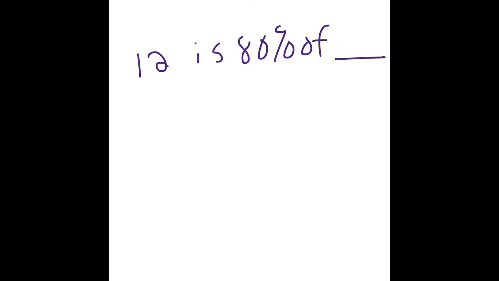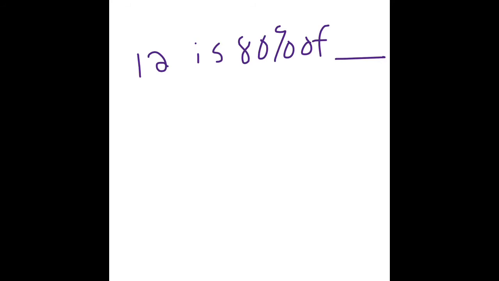All right, 6. 12 is 80% of blank. That's going to be the same as number 5. So we're going to use the third option here.